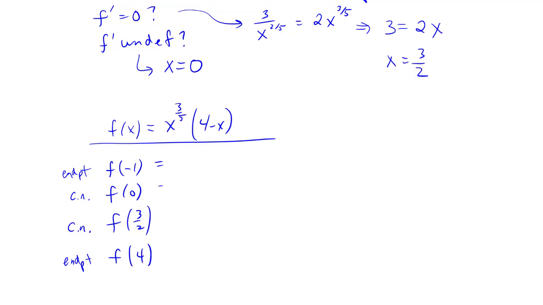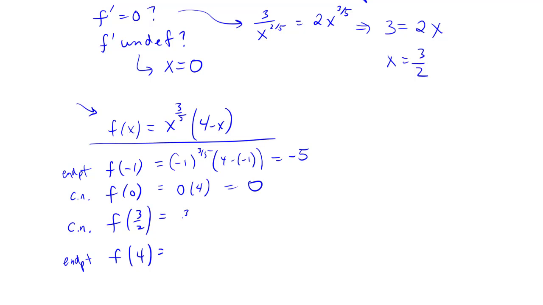All right, so I go ahead and evaluate these from the original function. So I get -1 to the 3/5 times 4 minus -1. That's a -1, so the 5th root of -1 is -1, cubed is -1, times 5, so -5. 0 is going to be 0 times 4, so equals 0.